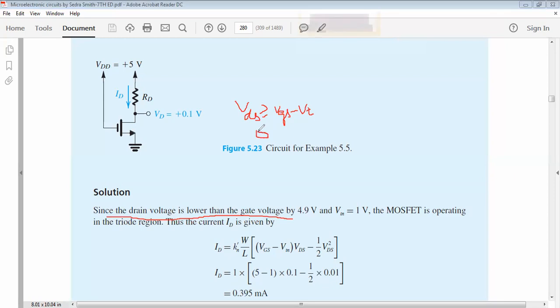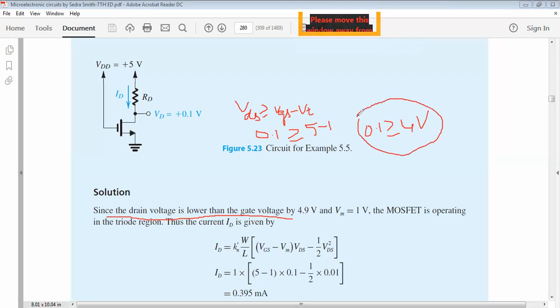Okay, given drain to source voltage VD is equal to 0.1 volt, greater than or equal to, what is the gate to source voltage? Gate to source voltage is equal to 5 volt minus threshold voltage 1 volt. So 0.1 greater than or equal to 4 volt. This condition is not satisfied.